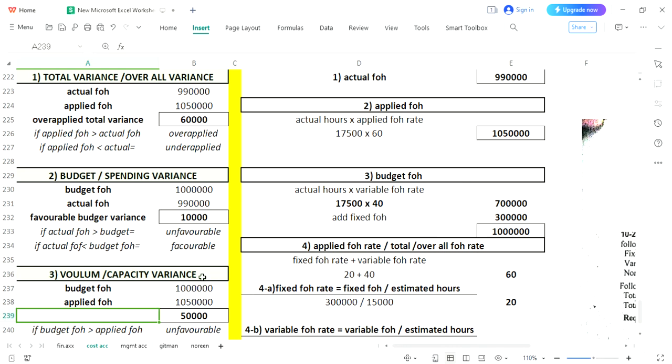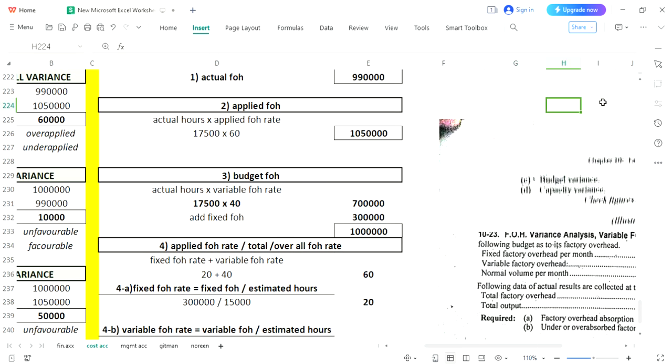Budget is less. Whenever your budget is less, it goes in your favor. So you will write favorable volume variance. Favorable volume variance 50,000. Now let's see the answer.